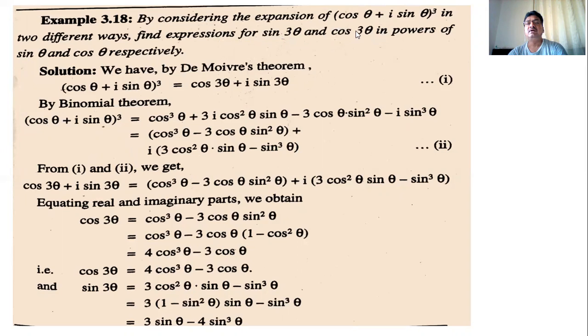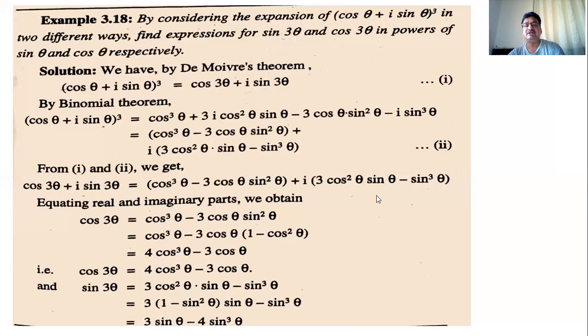That is, we have to find the expansion of sin 3 theta in terms of sin theta, and cos 3 theta in powers of cos theta. So we substitute sin square theta in terms of cos, that is 1 minus cos square theta, and so this is the expression for cos 3 theta in powers of cos theta. Then compare the imaginary part, that is, in the LHS the coefficient of i is sin 3 theta.